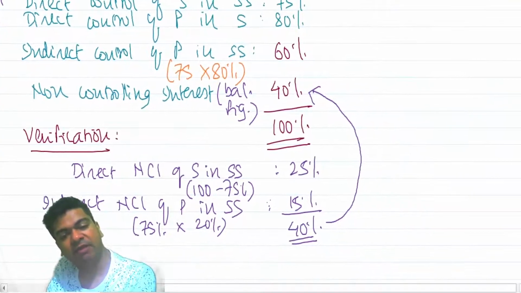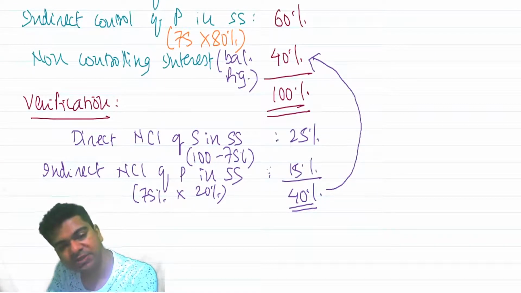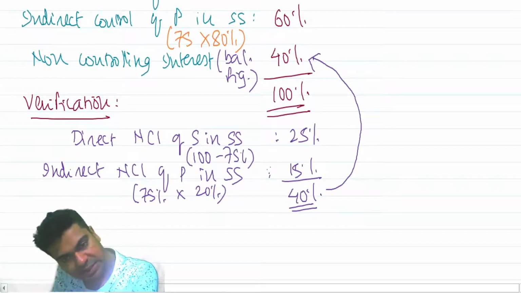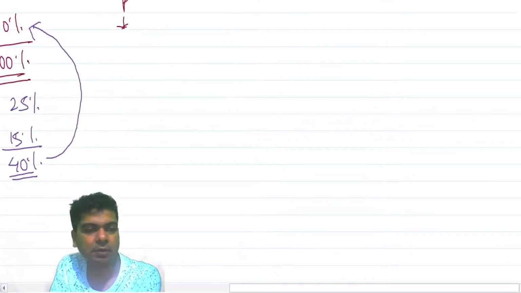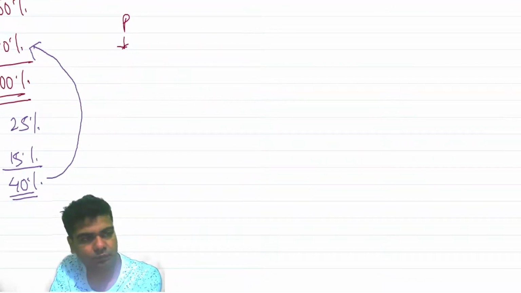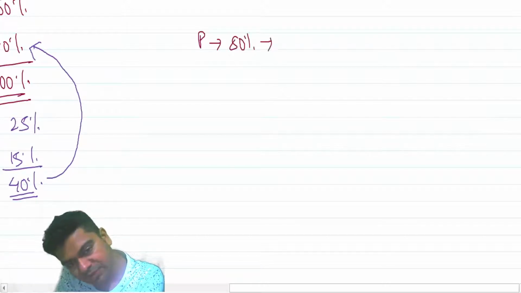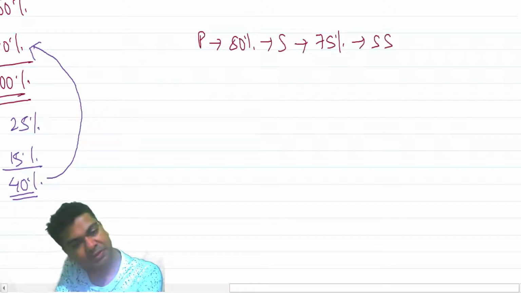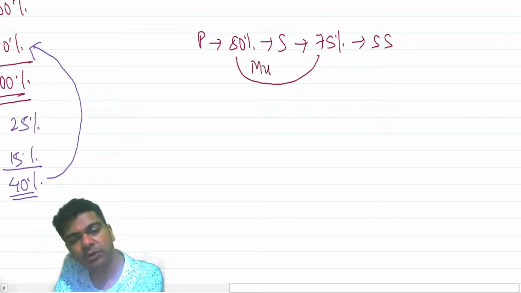It's very much like the way we did it over here. If it is still unclear, then see, this is what we have done. We are saying P has 80% in S and S has 75% in SS. So this 80 and 75%, we multiplied the two.